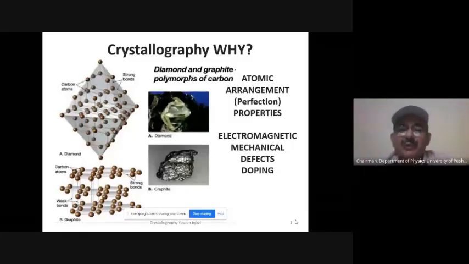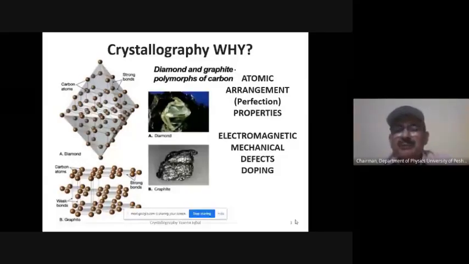Electricity, for example, they don't conduct. Heat is conducted by the metals. Here, it will be heated up, but the conduction of heat will be much slower than that of metals or other materials. So the arrangement of atoms in a material tells you about the properties of the material.